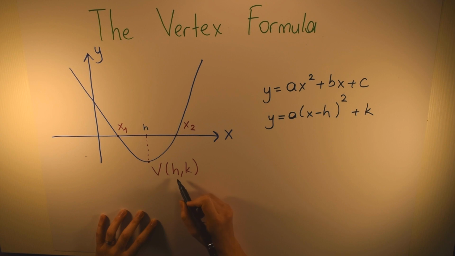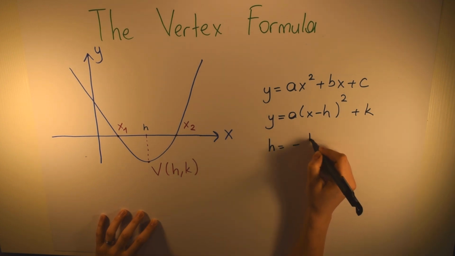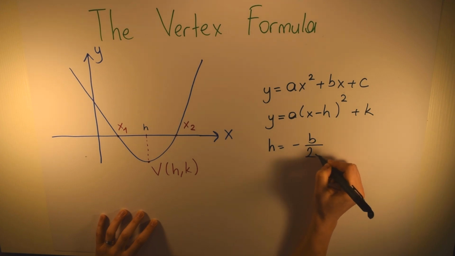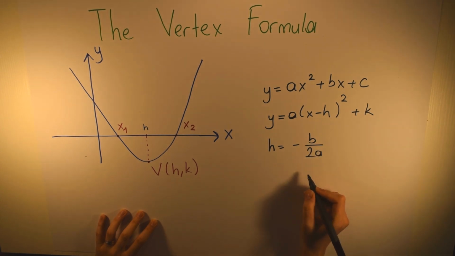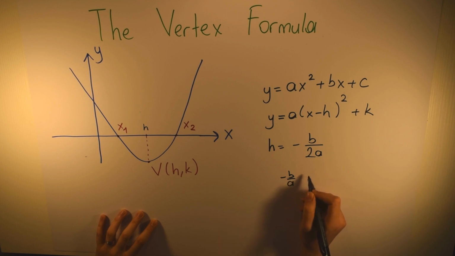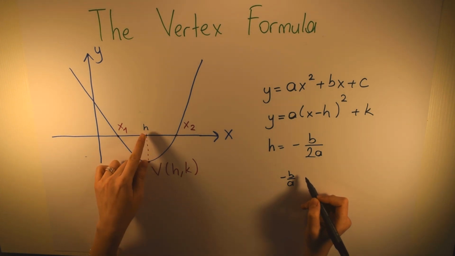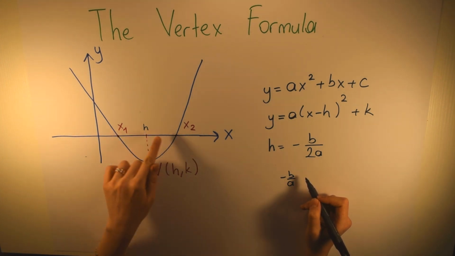So how do we find this h and k? h is equal to minus b over 2a. Why? As you can remember from our quadratic equations videos, minus b over a was the formula for the sum of the roots, right? We said that this h is the middle of these 2 roots.